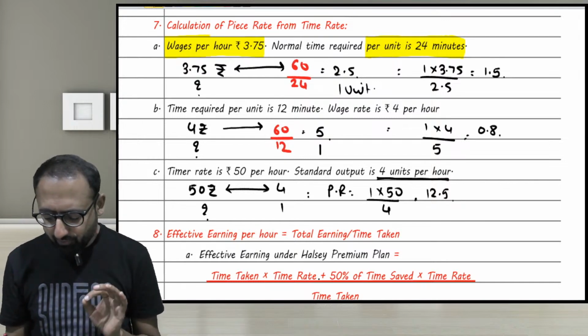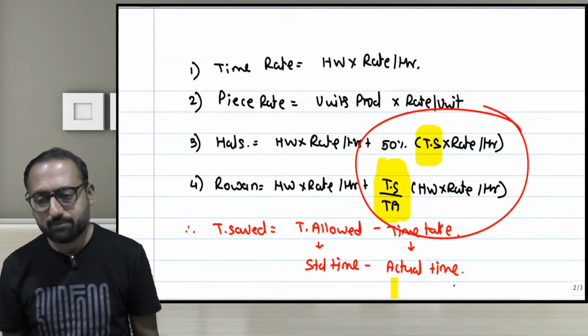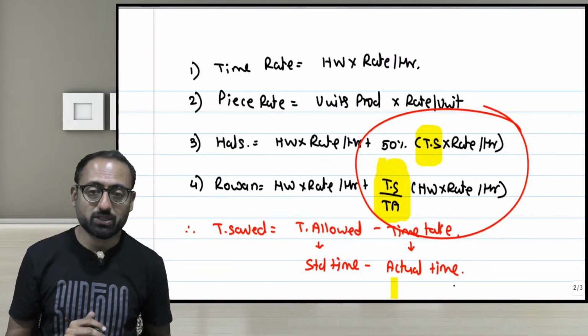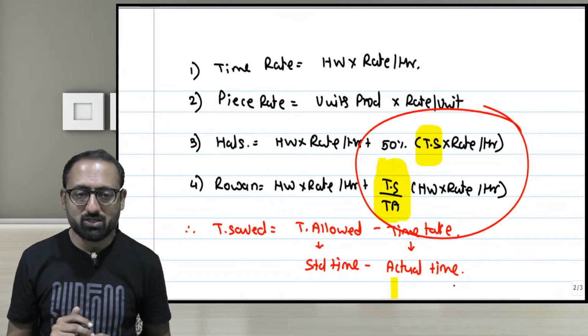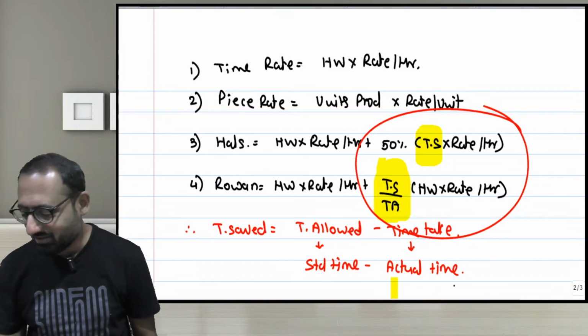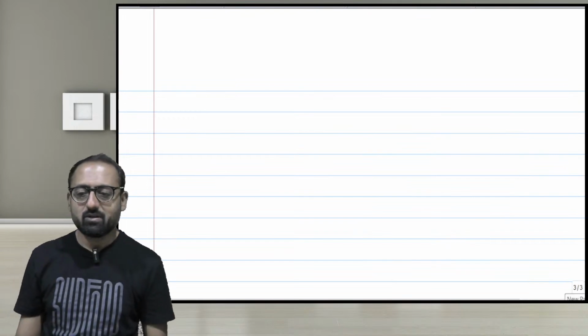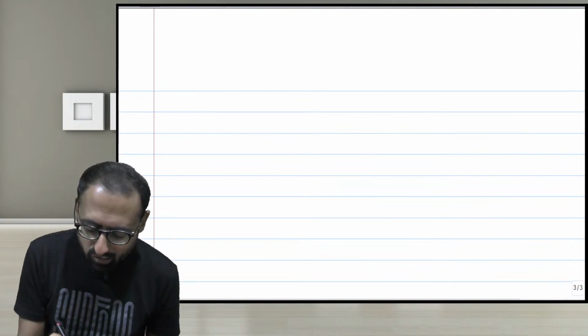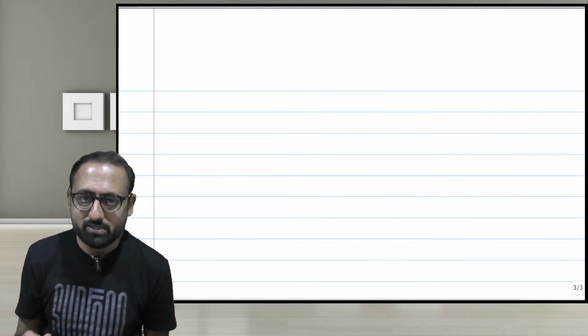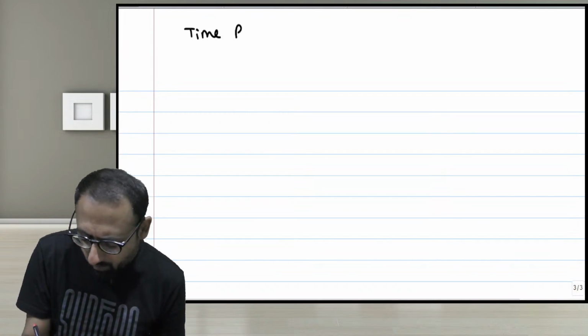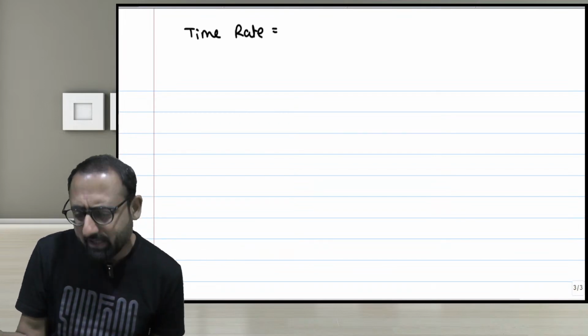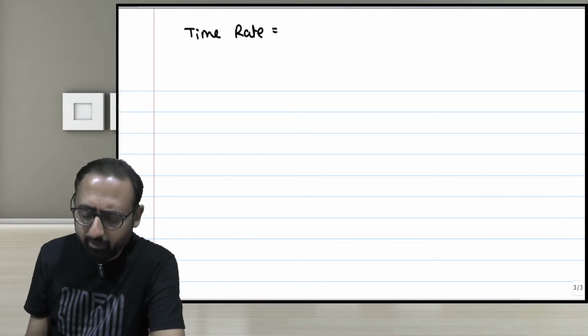I will give you one more chance. And now it will be a difficult question. You'll have to calculate piece rate with the help of time rate. Guys, boys and girls, everybody will have to answer.